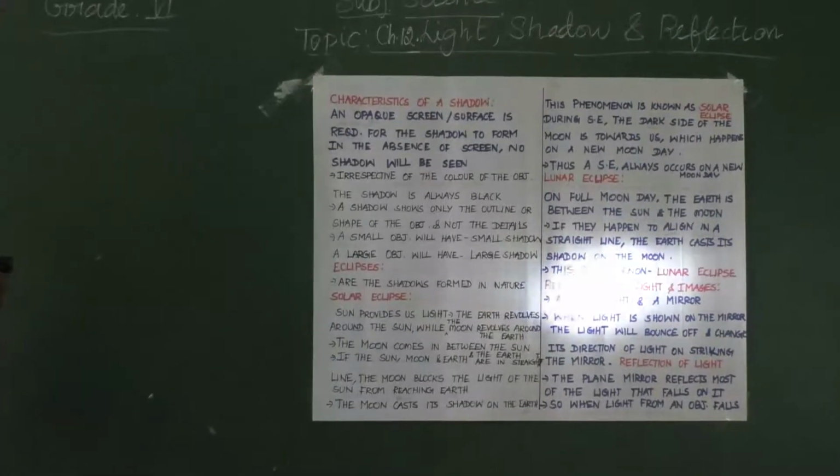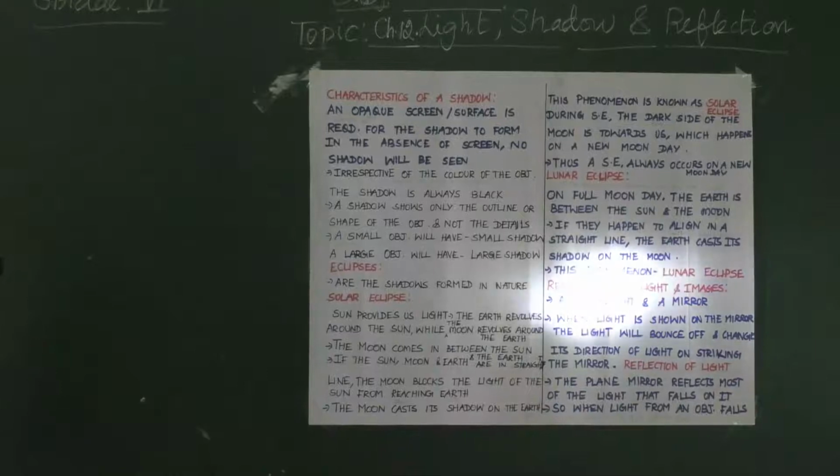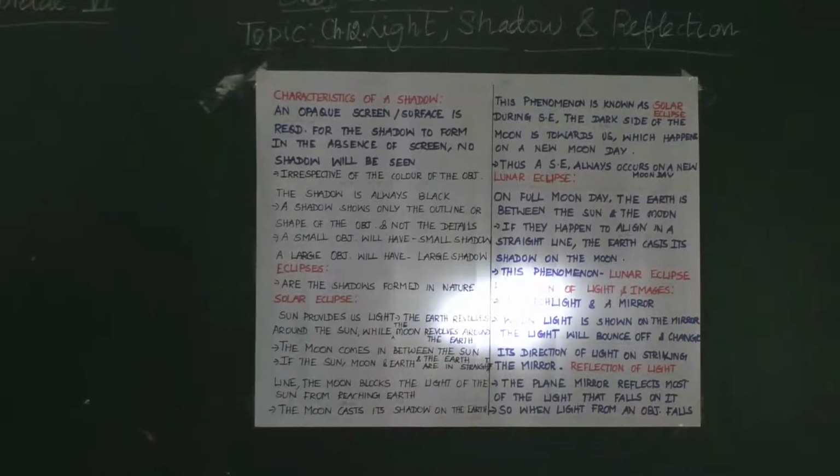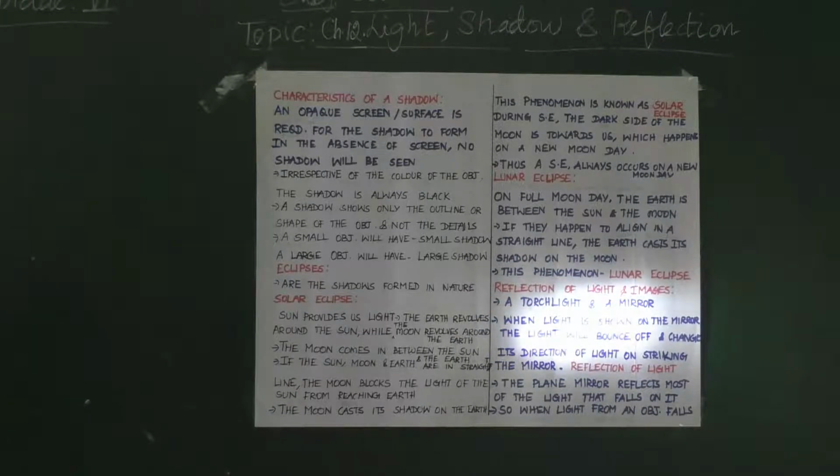The mirror receives the light, changes its direction, and it is passed in another direction. That's reflection. Once again, when light is shone on the mirror, it first bounces off and changes direction on striking the mirror. This is reflection.